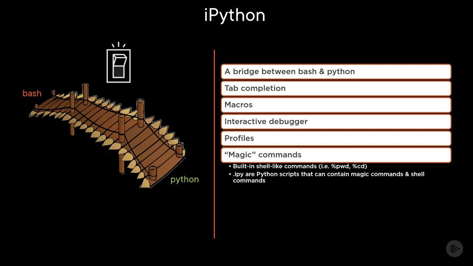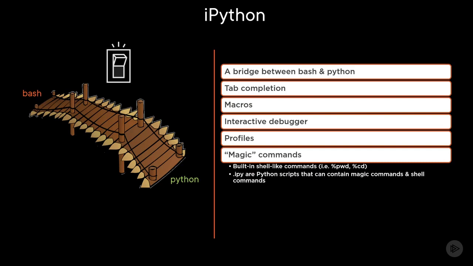Now, there's a bunch of built-in magic commands, and you'll want to go to the Python site and familiarize yourself with the magic commands that are there. And you could also create your own magic commands via alias, and we'll talk about that in a second here. You also can run .ipy files, and these are Python scripts.